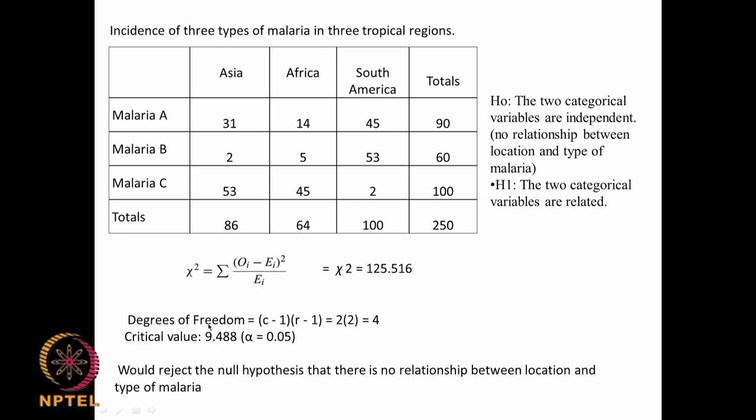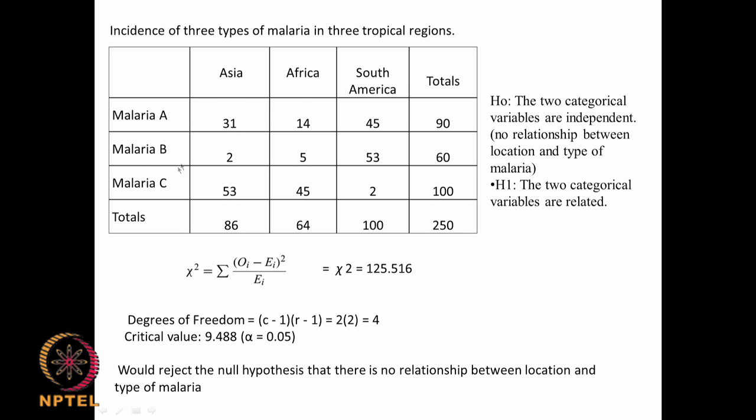So, when you do that, we get the test statistic as 125.5, the table value is 9.488, okay. So, we can reject the null hypothesis. What is the null hypothesis? There is no relationship between the type of malaria and the continent location.